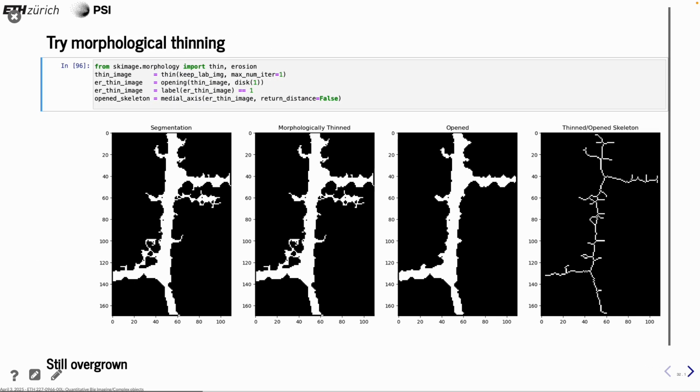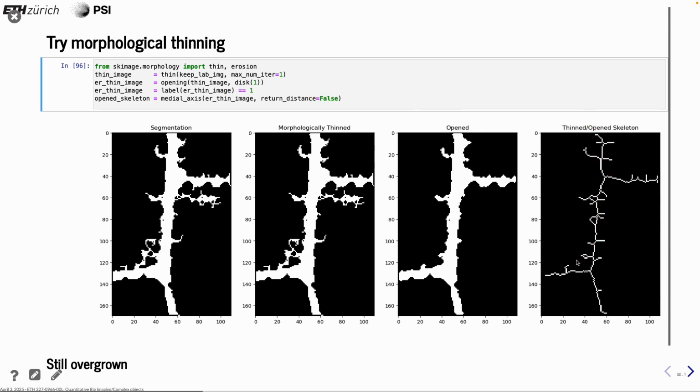So let's say we have our different algorithms that are available. There's one called thinning. Another one would be just to do an opening. And then we have one algorithm called medial axis. And when we apply this medial axis on the thinned eroded image, then we get something like this.